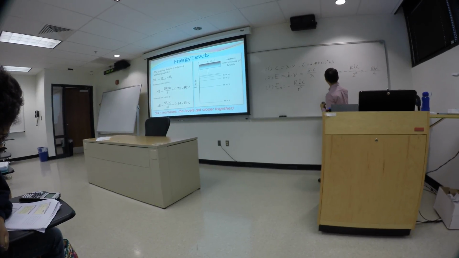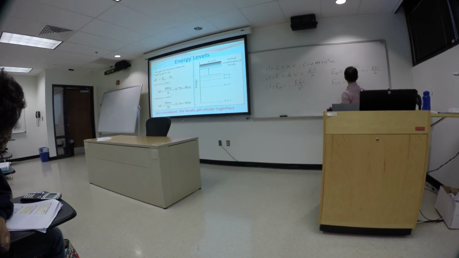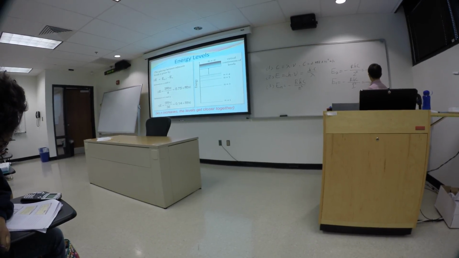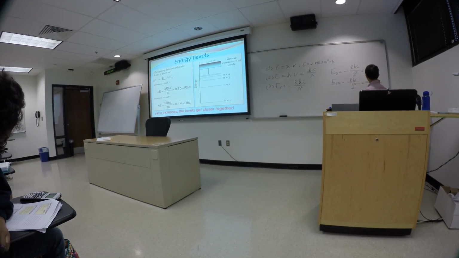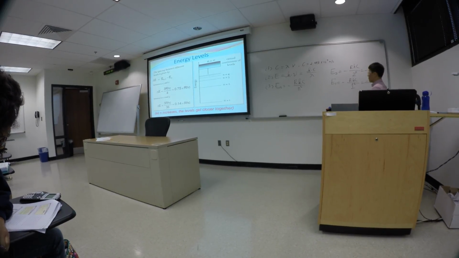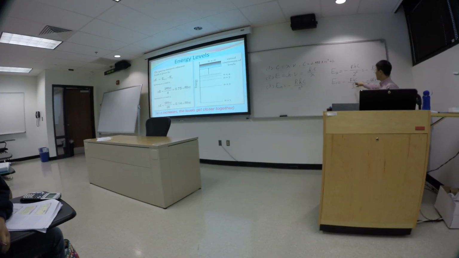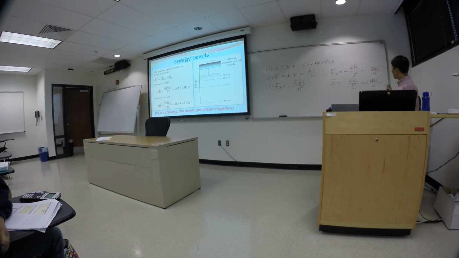E1 equals negative RHC over 1 to the second power, which is still 1. So multiply both the numerator and denominator by 4. This E1 equals negative 4 RHC over 4.